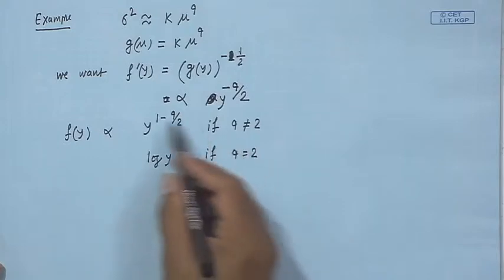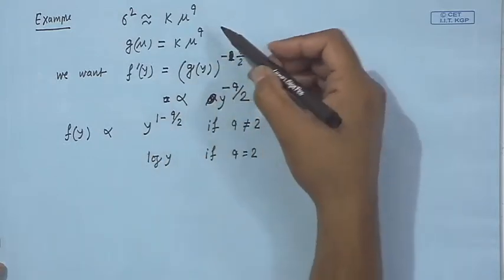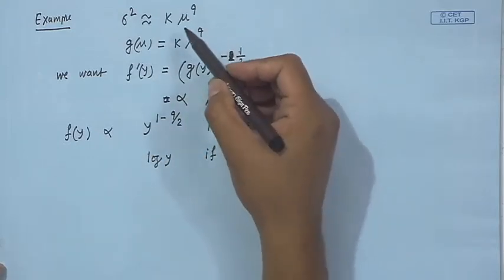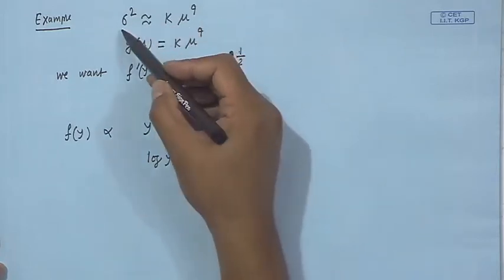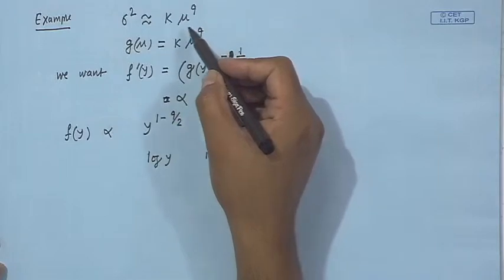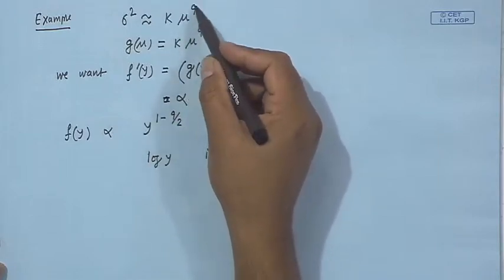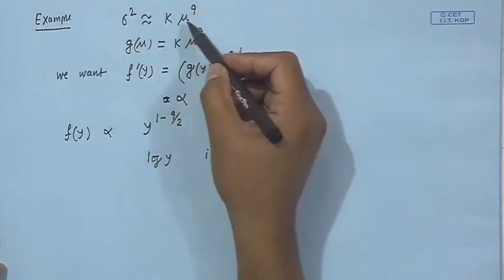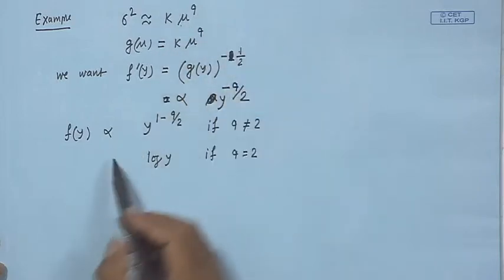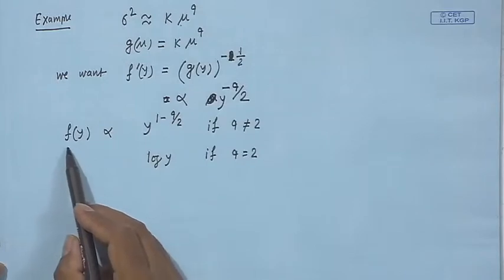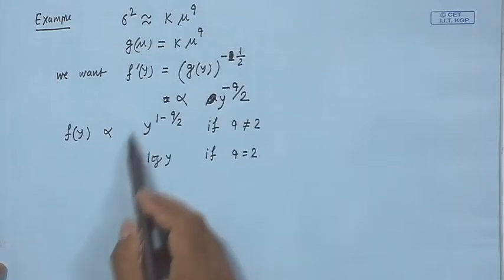So, here is the transformation. What you see here is that if the response variable has variance sigma square, which is a function of mu, and the function is mu to the power of q, then the transformation you have to consider is this one.